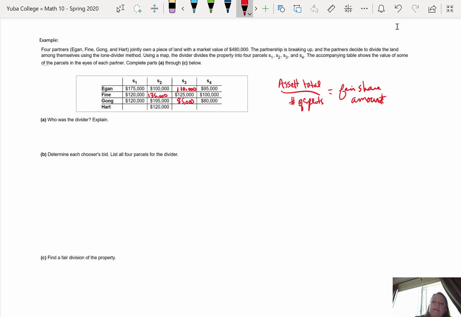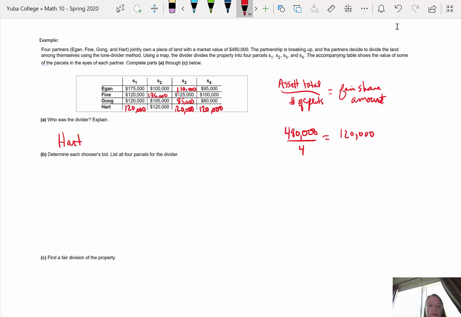So if I look at 480,000 divided amongst the 4 people, this is 120,000. So Hart believes each piece that they split up is worth 120,000. Okay, so we know that Hart is the divider.